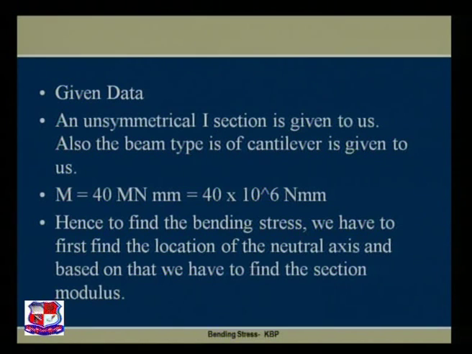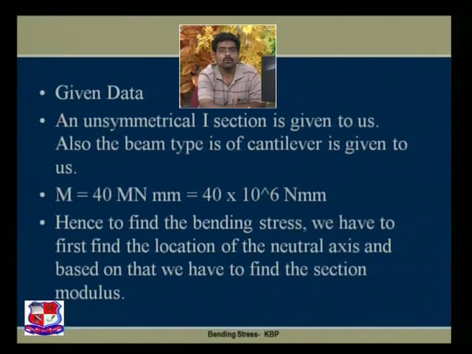An unsymmetrical I section is given to us. Also, the beam type is cantilever. M is 40 into 10 raised to 6 Newton millimeter. Hence, to find the bending stress, we first have to find the location of the neutral axis, and based on that we have to find the section modulus.